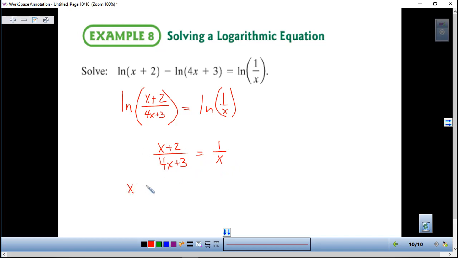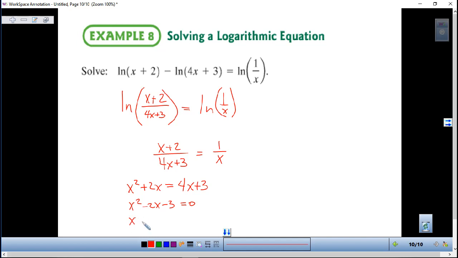We're going to get x times x plus 2, which is x squared plus 2x, is equal to 1 times 4x plus 3. I'm going to get everything over on one side. So x squared minus the 4x over, we're going to end up with minus 2x minus 3 equals 0.